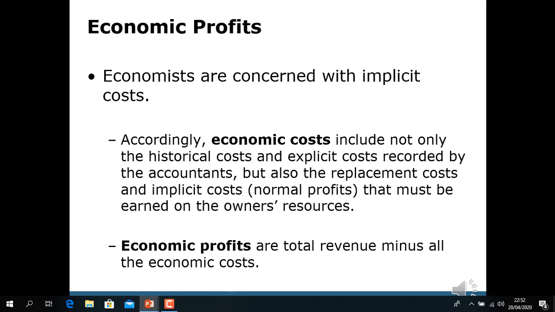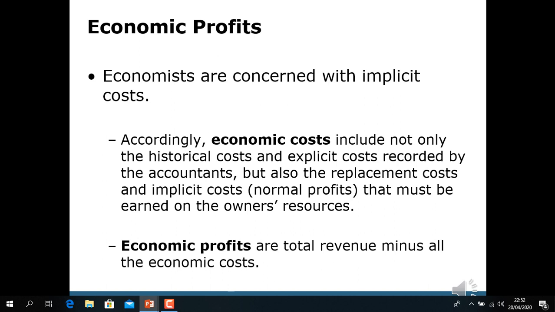And economic profit also accounts for a longer span of time than accounting profit. Here, economists often consider long-term economic profit to decide if a firm should enter or exit a market. So economic profit is concerned with the implicit cost.